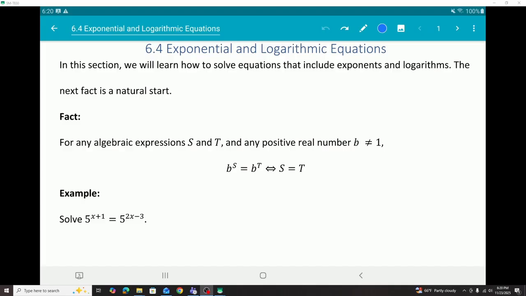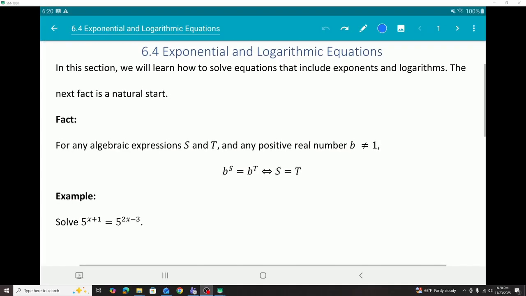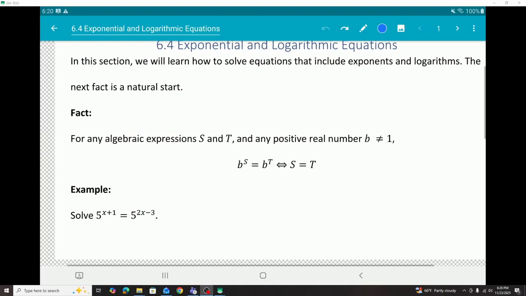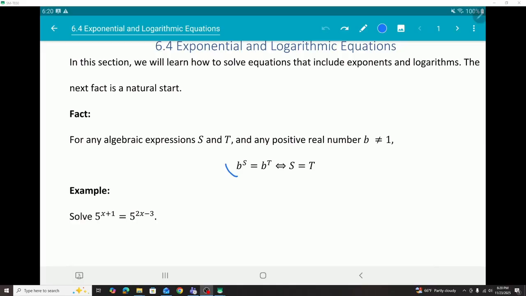So we're going to start a little bit smooth and then make things a little bit more complex as we go. If we want to solve exponential equations, one way we can do that is getting a common base, if we don't have one, or if we're lucky enough to get a common base. Just notice we said exponential functions are 1 to 1. So if you have any algebraic expressions s and t in any reasonable base, then if you have b to the s equals b to the t, well then you have two exponentials that are equal.